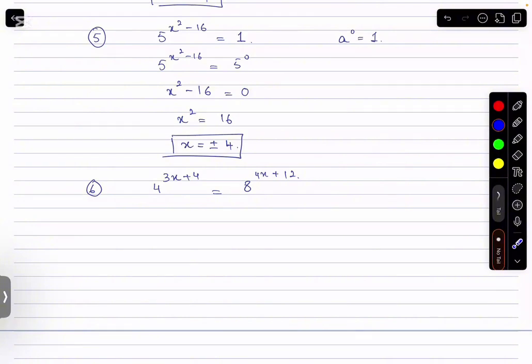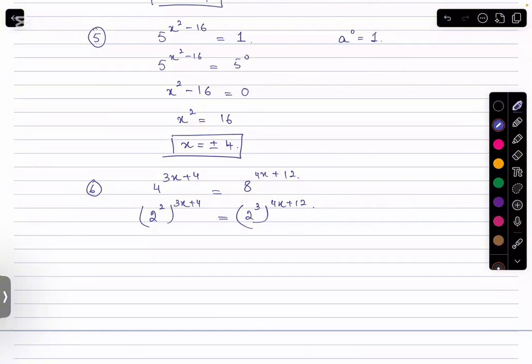तो कई दफा ऐसा भी होता है कि हमें on right and on left, दोनों ही numbers को common base पे convert करना है. Like for 4, I can say it's 2 squared to the power of 3x plus 4. And here I can say it's 2 cubed to the power of 4x plus 12. Is that okay? Yes. Right?